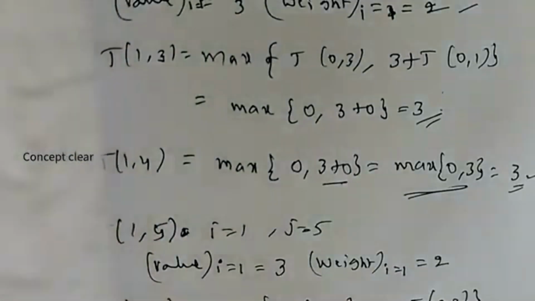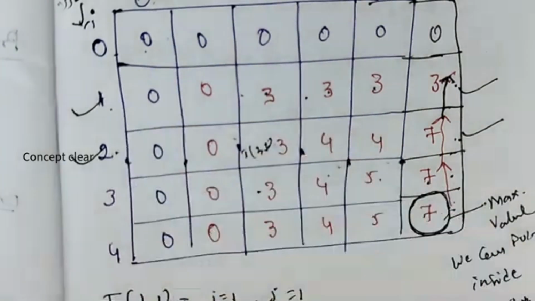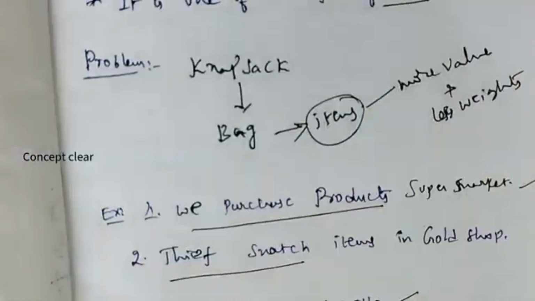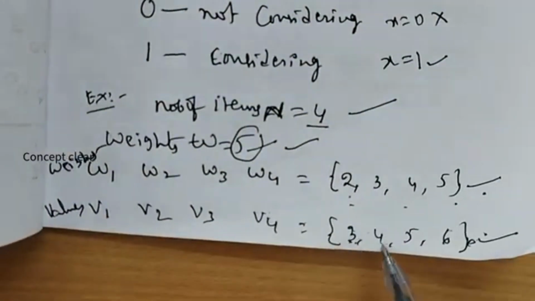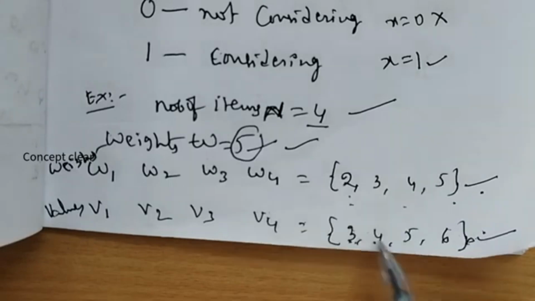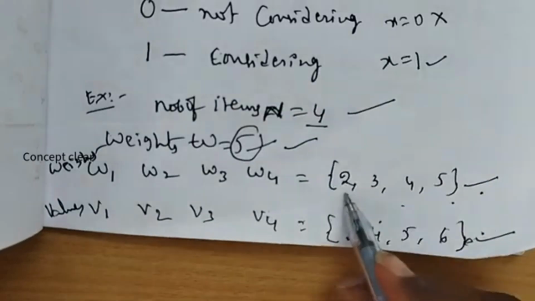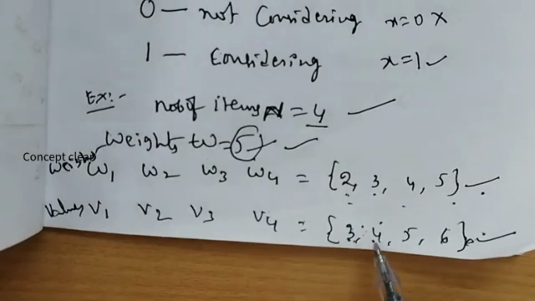According to the input, the first item value is 3, the second item value is 4. And the weights are 2 plus 3, so the weight is 5, satisfying the value 7.